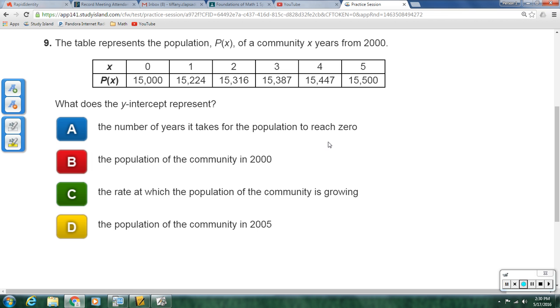Is that not x is 0? Okay, so is it the number of years it takes the population to reach 0? The population of the community in 2000, the rate at which the population changes. The rate is not the y-intercept. Or the population of the community in 2005. D, the population of the community in 2000 when it started? Probably so.